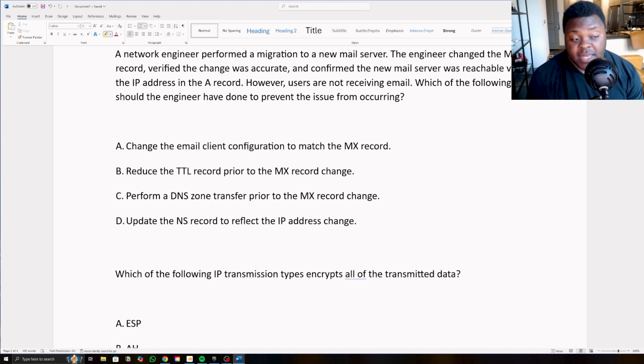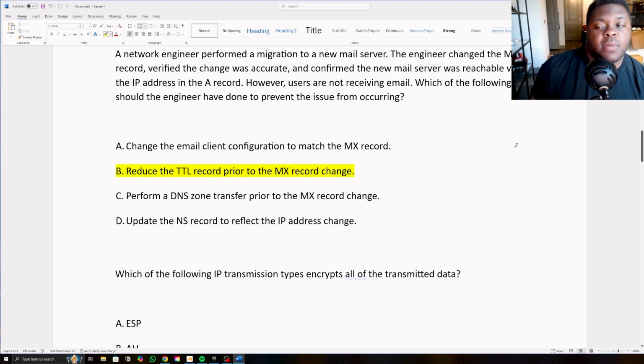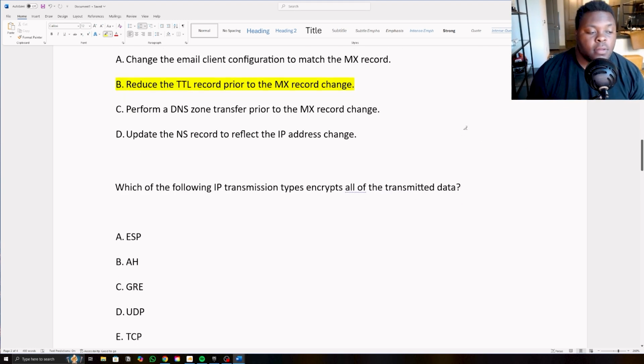It does have something to do with DNS, so C and D have something to do with each other, but they have nothing to do with our network engineer performing this migration. So I'm gonna go answer choice B. If you reduce that time to live for the previous mail server, those users should be migrated faster.